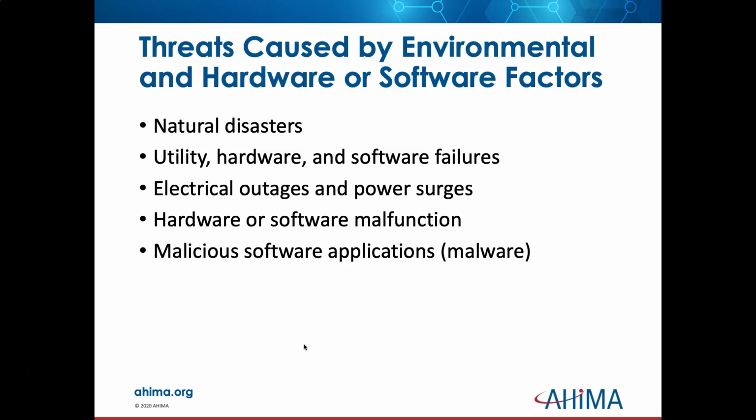So what can be caused by environmental or hardware software issues? Well, we talked about natural disasters a few minutes ago. We talked about utility, hardware or software failures. Electrical outages and power surges can certainly have a huge impact on data security. If your hardware or software malfunctions, or if you have malicious spyware or software applications, also known as malware, that ends up on your computer.